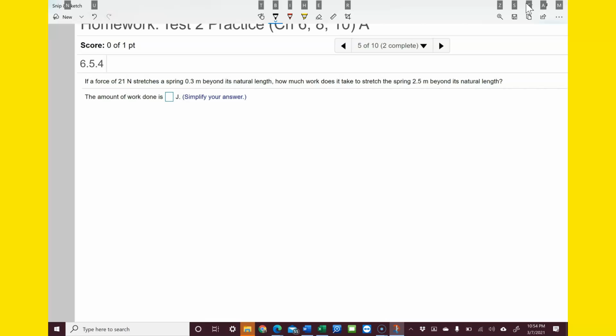And we can do that because the force of the spring is basically equal to kx. Maybe some signs we have to worry about, but don't worry about it for this example. So 21 newtons then, that's the force of the spring, stretches that thing 0.3 meters. So 0.3 is what x is, and I can solve for k that way. And that gives me 70 equals k.